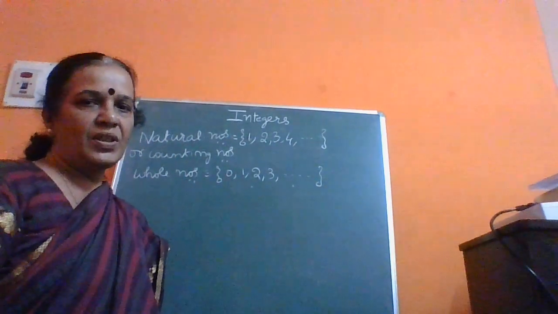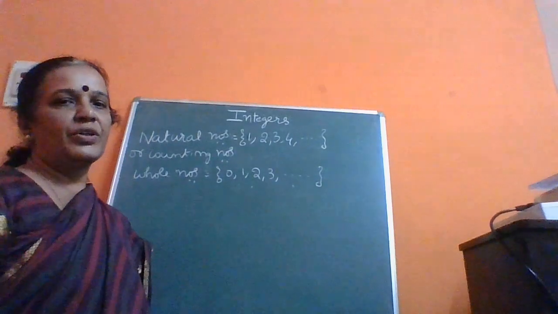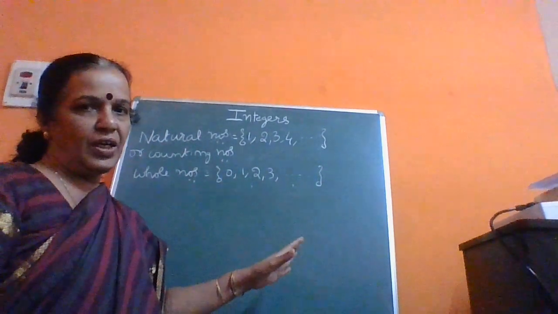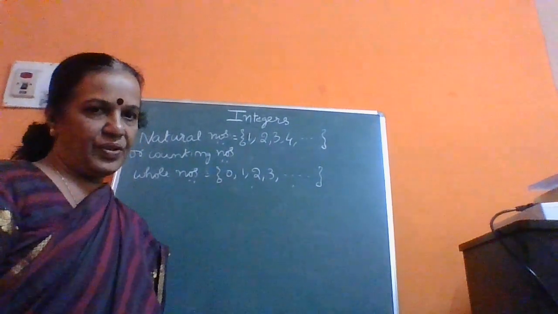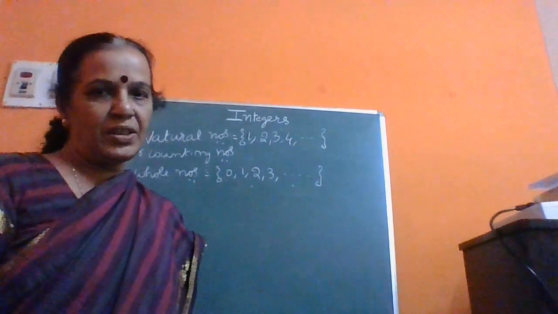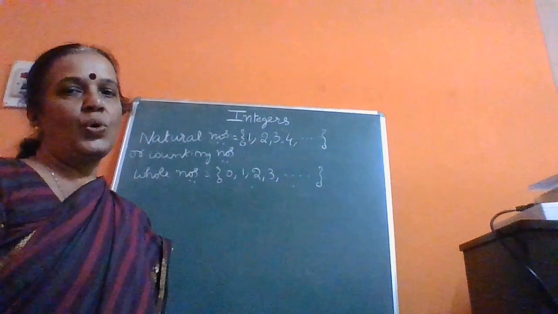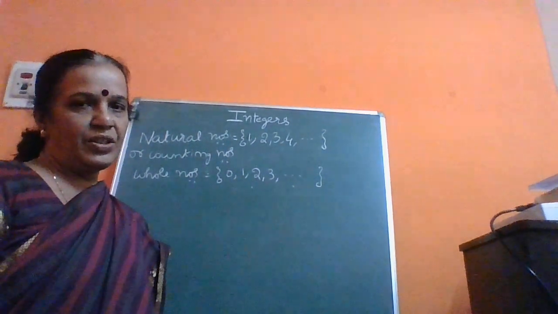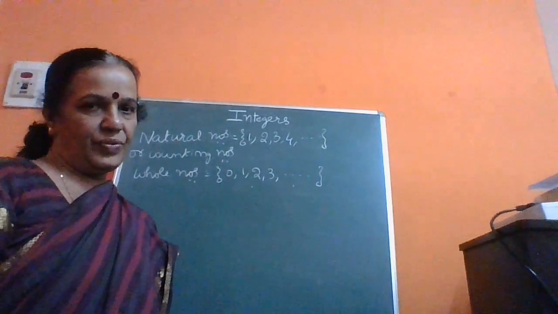Whole numbers start with 0, then 1, 2, 3, 4, etc., up to infinity. 0 is the smallest whole number and you cannot write the greatest whole number.